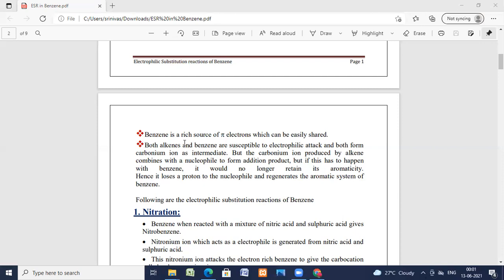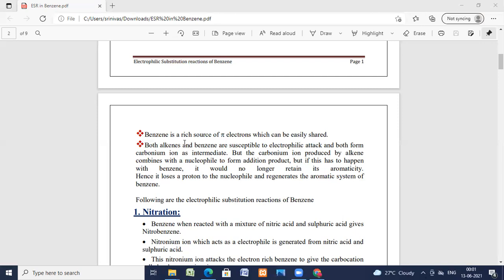Like substitution in aliphatic systems, aromatic compounds may be substituted by 3 mechanisms: electrophilic substitution, which involves attack by the electrophile or electron-seeking reagent; nucleophilic substitution, involving attack of the nucleophile or electron-donating reagent; and free radical substitution, involving attack by a free radical.